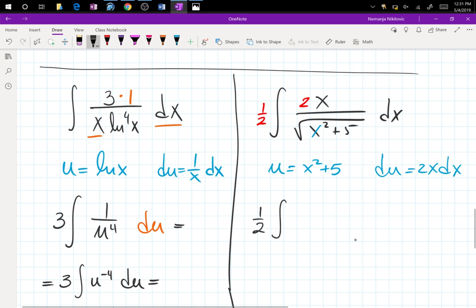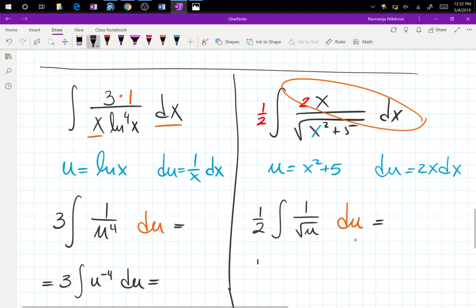1/2 integral of 1 over square root of u du. Does it make sense? Yeah. Great.